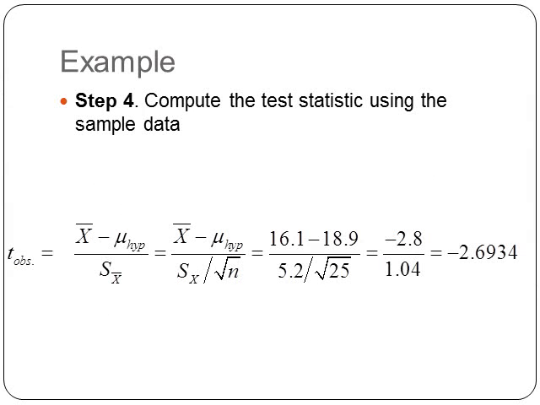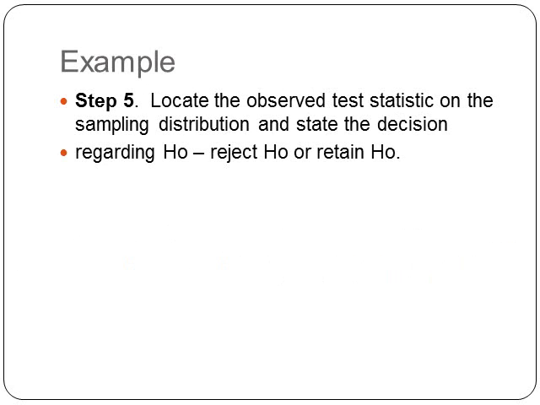We go through, we do our computation. We have a value of 16.1 minus 18.9 in the numerator, which is a negative 2.8. We divide that by 1.04 in the denominator. That's our sample standard deviation divided by the square root of our sample size, n. We get a negative 2.69.